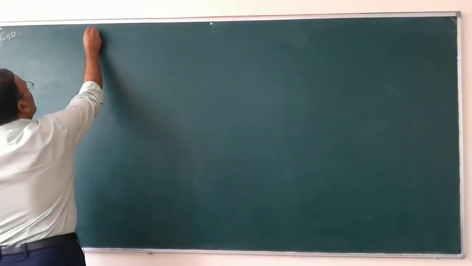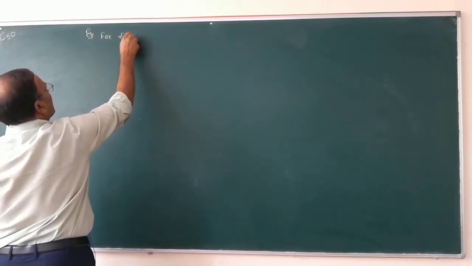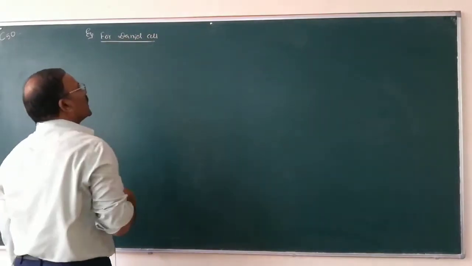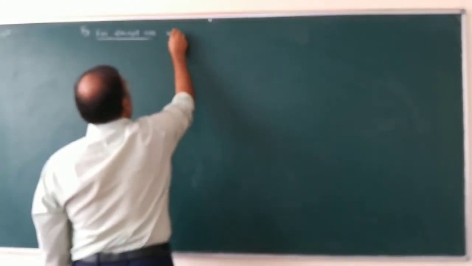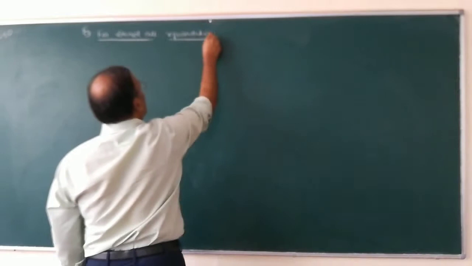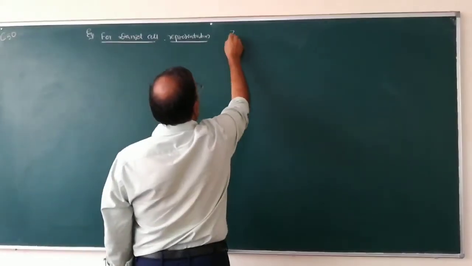So, example for Daniell cell. What is the representation of the cell? So which is the anode and which is the cathode?